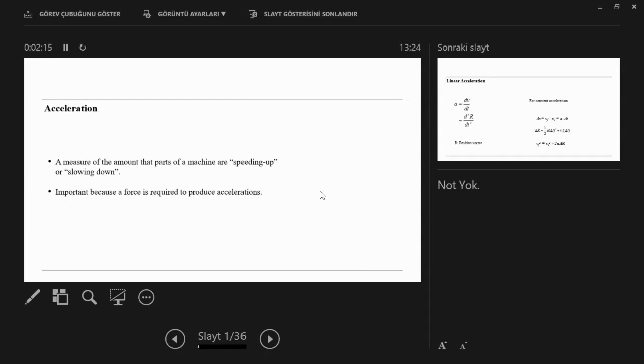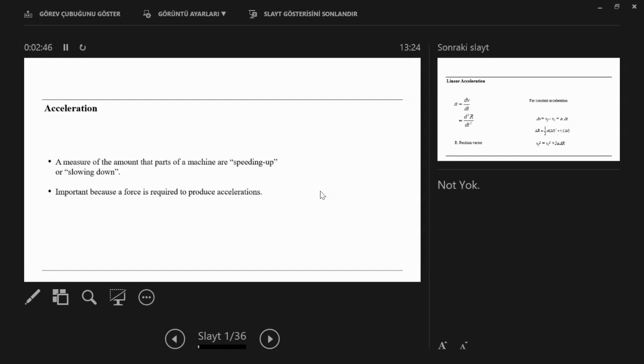Any point on 2 or 3 or 4 is important for us, and we should be able to calculate the velocity and the acceleration after defining the geometry, that means synthesis.